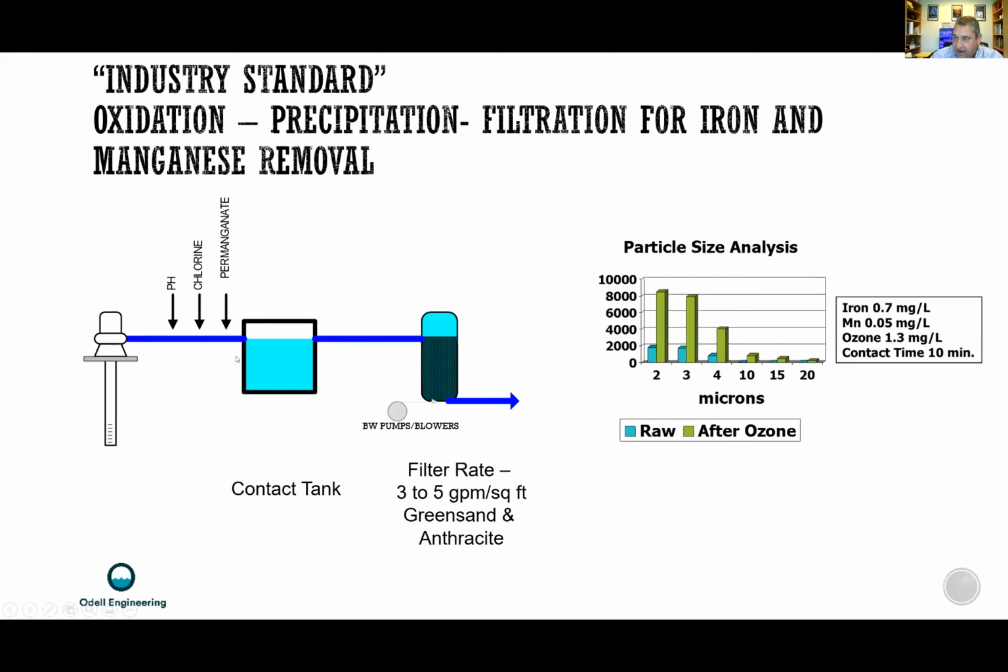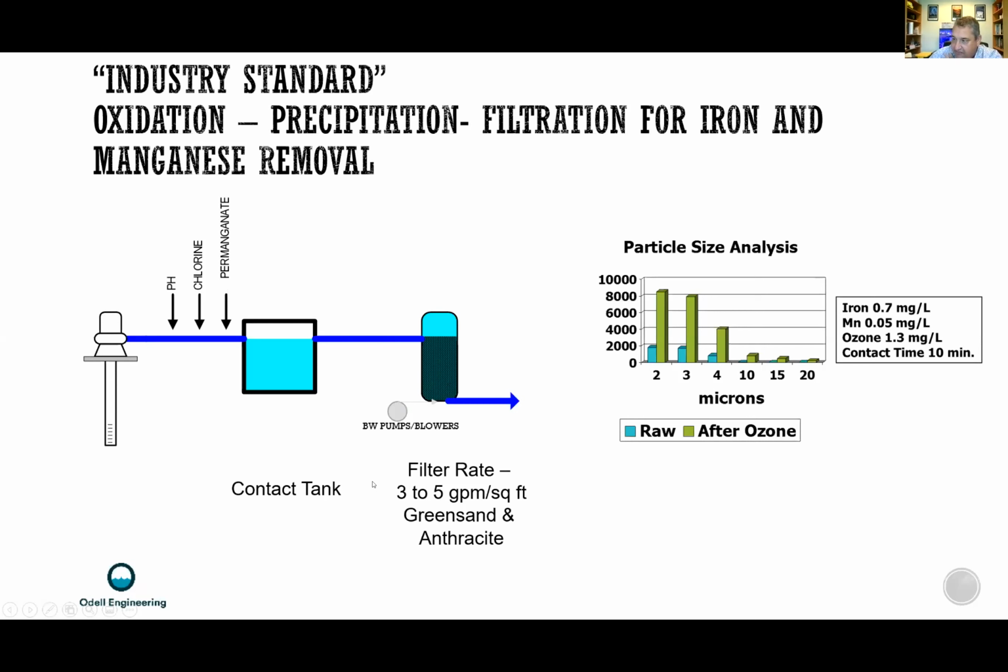With iron, it tends to precipitate pretty quickly. You don't always need a contact tank, or maybe not a very big one. Iron will precipitate, and then you're filtering it out on the top portion of the filter, which is typically some anthracite. Down below is some green sand or other manganese dioxide or coated media, and that part of the filter is absorbing the unprecipitated manganese, but sometimes iron as well.